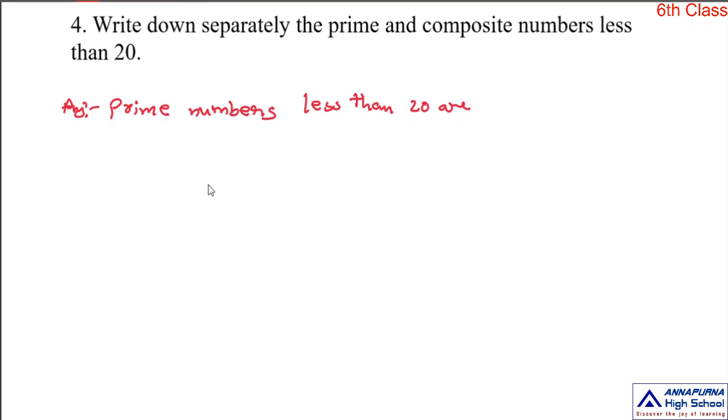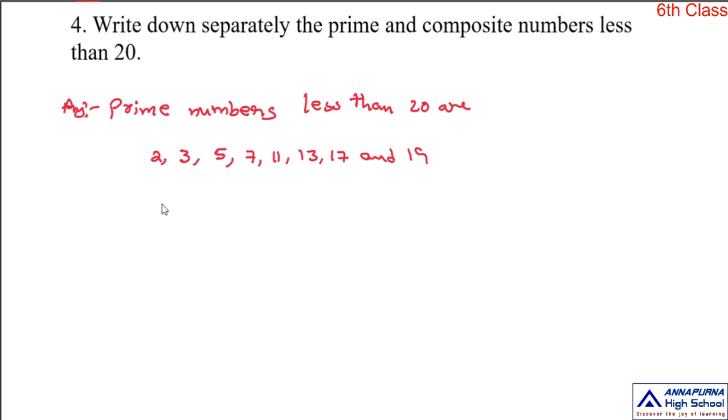What are the prime numbers? Those numbers whose only factors are 1 and the number itself. 2 has only 2 factors, that is 1 and 2. 3 also, 5 also. 2, 3, 5, 7, 11, 13, 17 and 19.